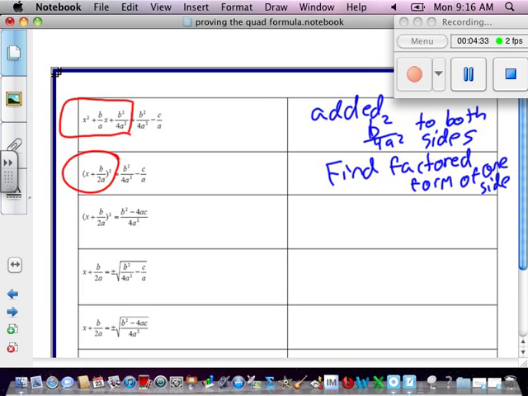The denominator. So we multiply the c over a by 4a over 4a, times negative c over a. That gives us negative 4ac over 4a squared. So those match, and then we combine them.